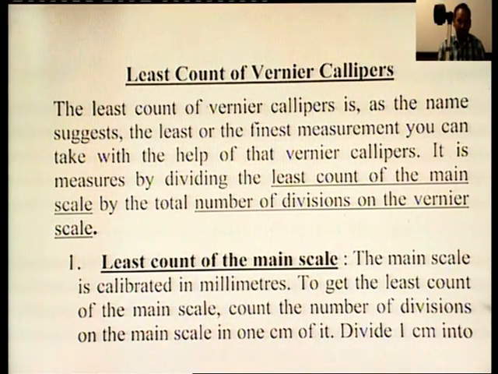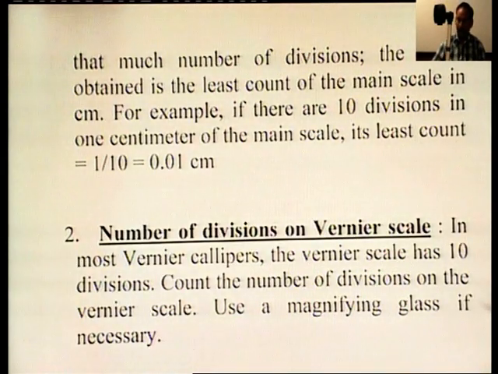The least count of the main scale is calibrated in millimeters. To get the least count of the main scale, count the number of divisions on the main scale in 1 centimeter of it. Divide 1 centimeter by that number of divisions.